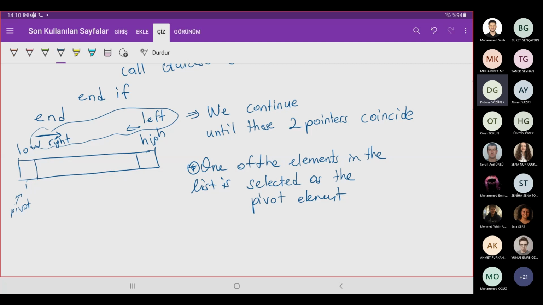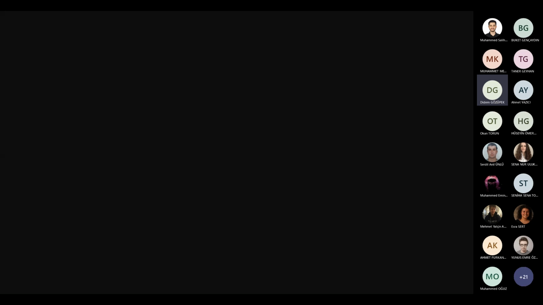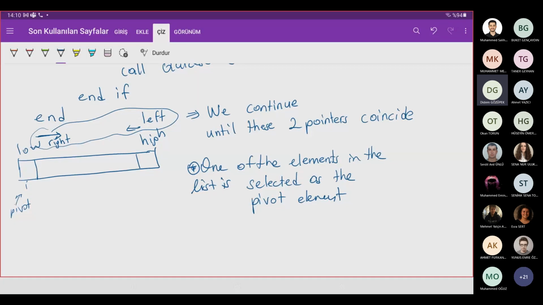But to find which one is the median, you remember the definition of median, you need to make a linear search of all the elements. But that doesn't dominate the entire complexity of quicksort, which is n log n, okay? So that's why you can select it as the median. It doesn't change the overall complexity.